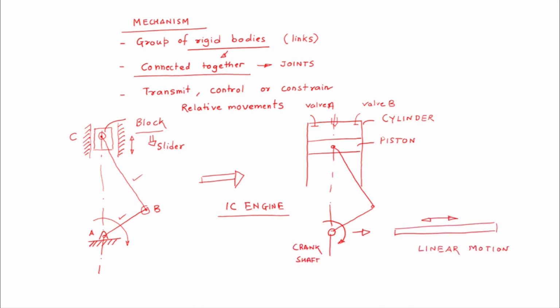To convert the rotary motion into the linear motion, we need to add one more mechanism here. So this is mechanism number 1, and we are having another mechanism, mechanism 2. When we add multiple mechanisms together, then we are developing a machine.